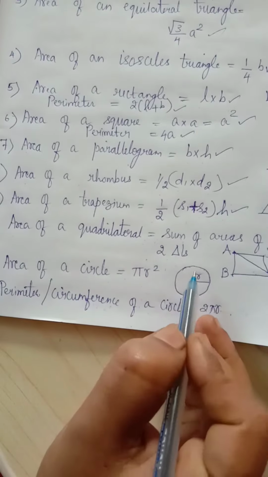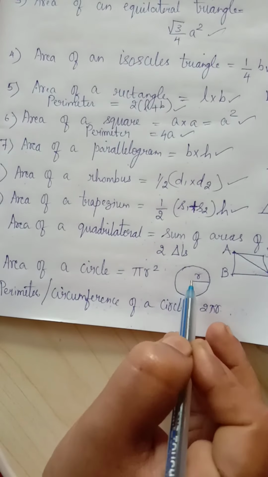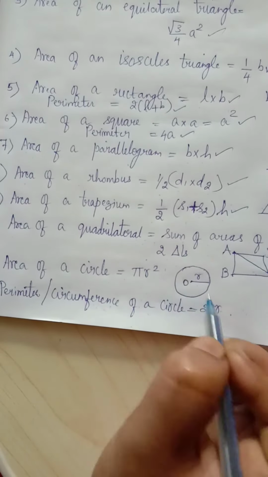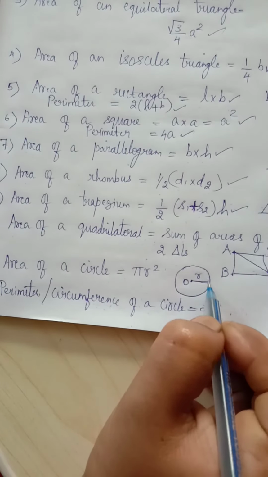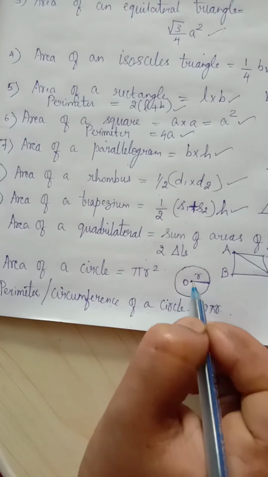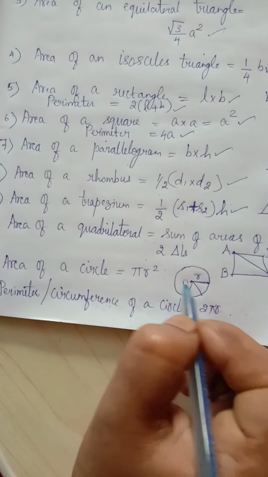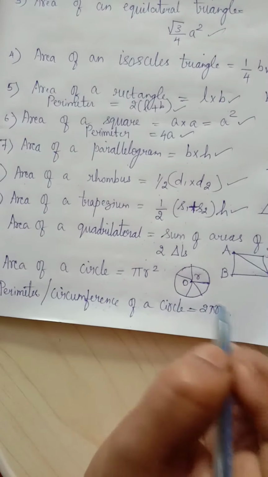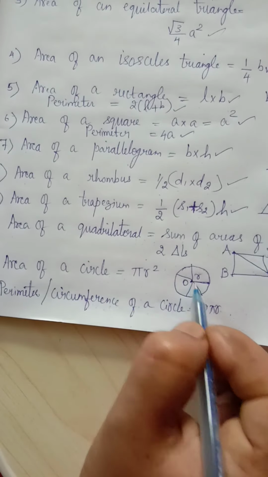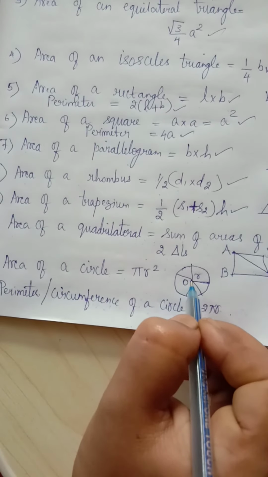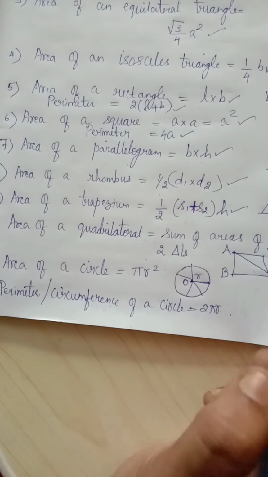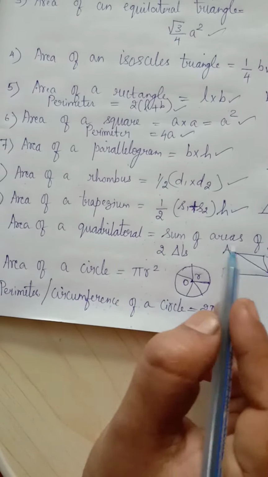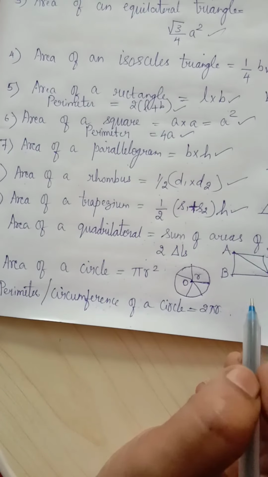The next thing is the area of a circle. A circle is a closed figure, and suppose we have O as the center, then the line joining the center to any point on the circle, it could be anywhere, is called the radius of the circle. If you take a compass and take a 3 centimeter radius, you get a small circle. If you take a 5 centimeter radius and draw with a compass, you get a bigger circle.